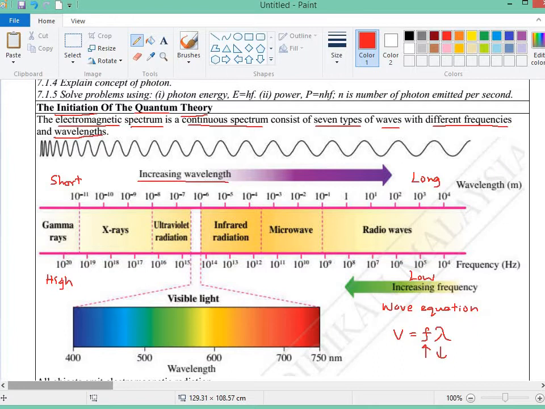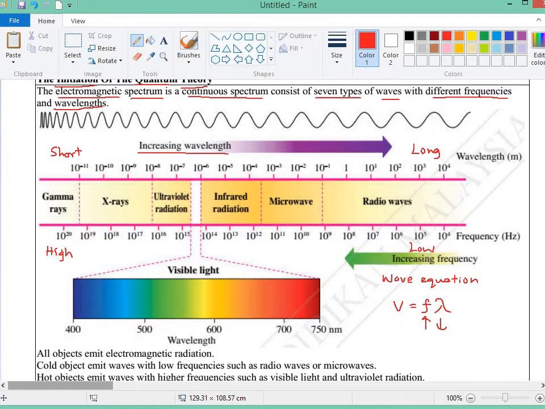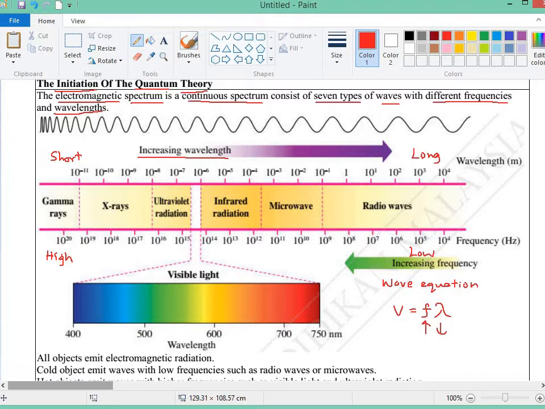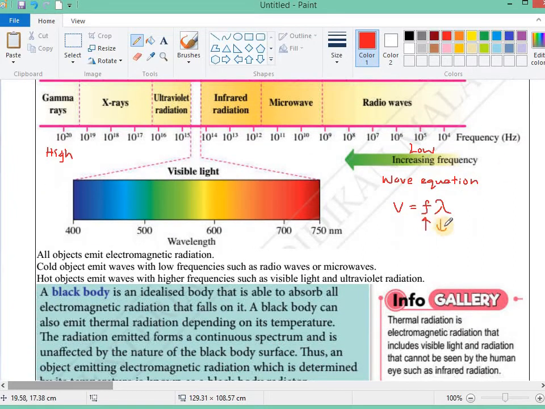And if you still remember, an electromagnetic wave is a transverse wave with magnetic and electric components. So let's say this is the direction of propagation.